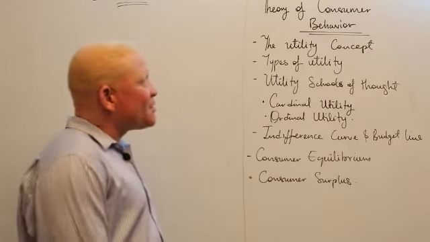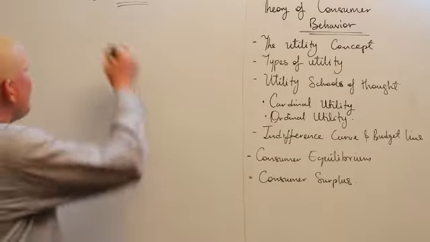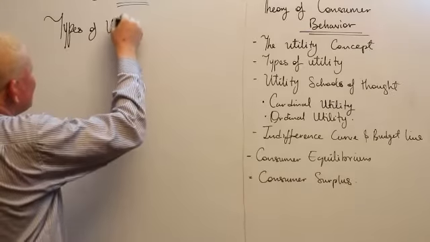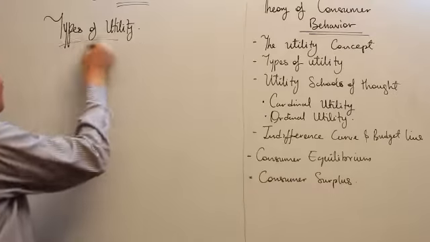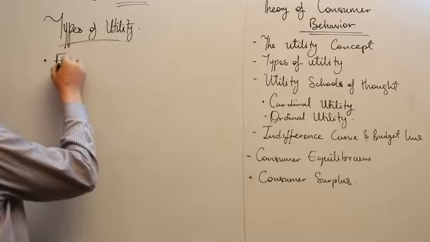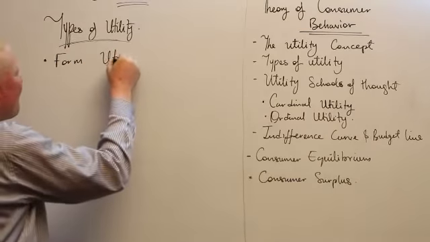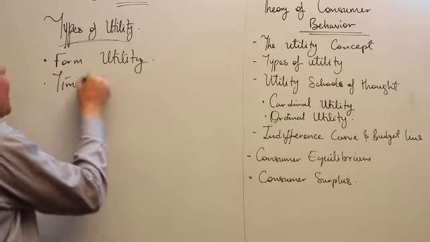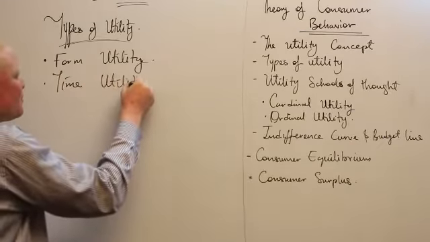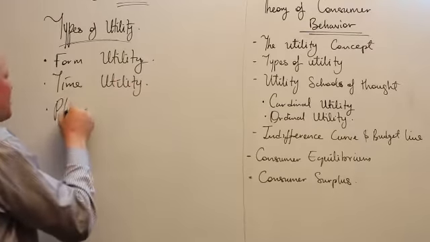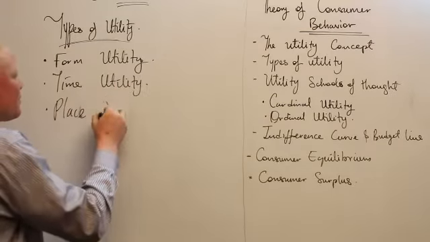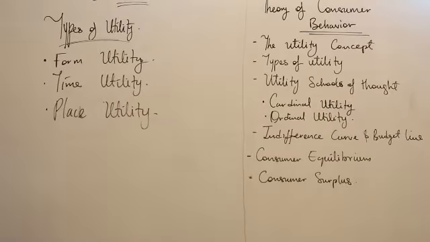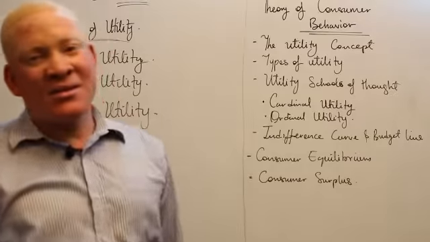Then, the types of utility are: first, form utility; second, time utility; and third, place utility. Form utility, time utility, and place utility.